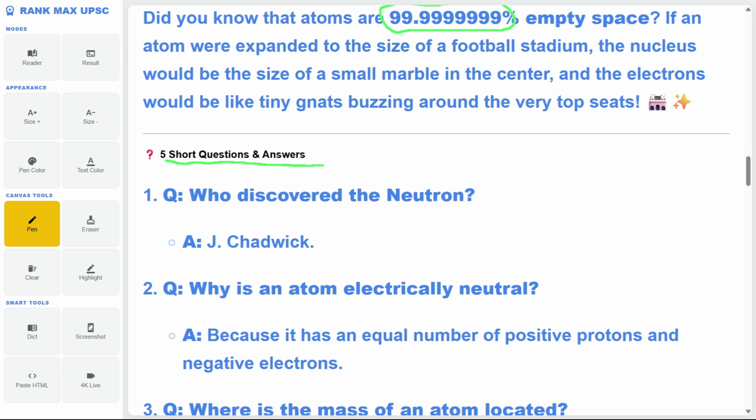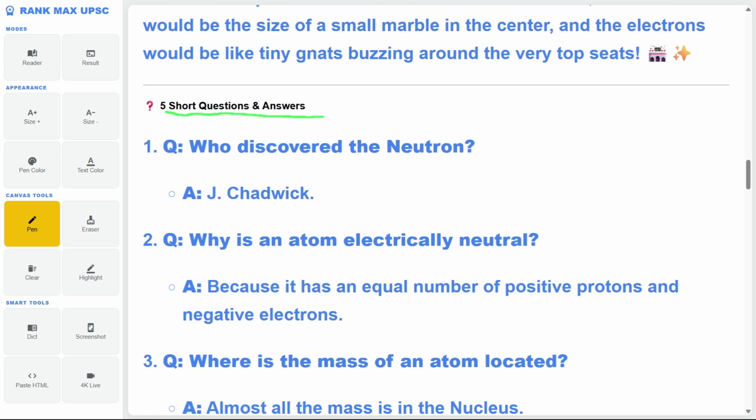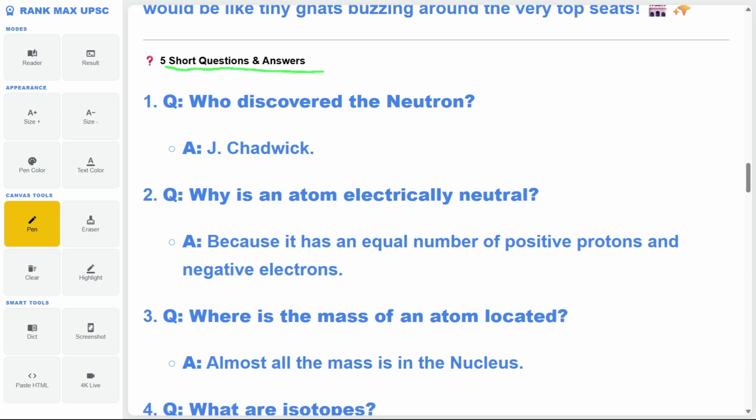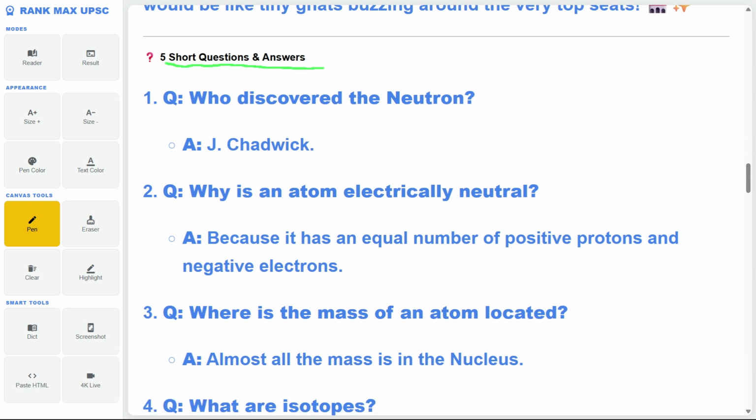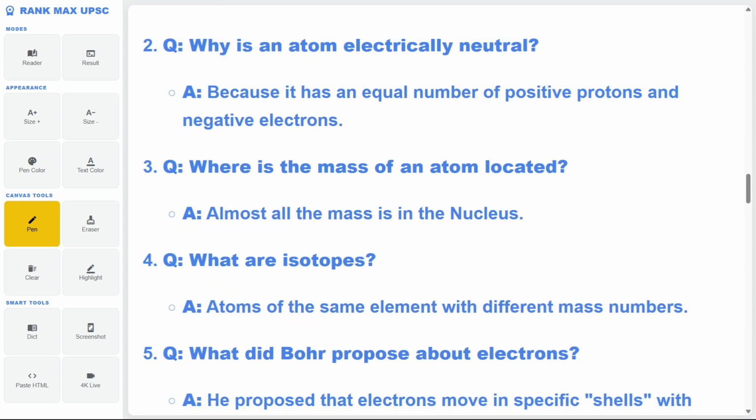Answer: because it has an equal number of positive protons and negative electrons. Where is the mass of an atom located? Almost all the mass is in the nucleus.